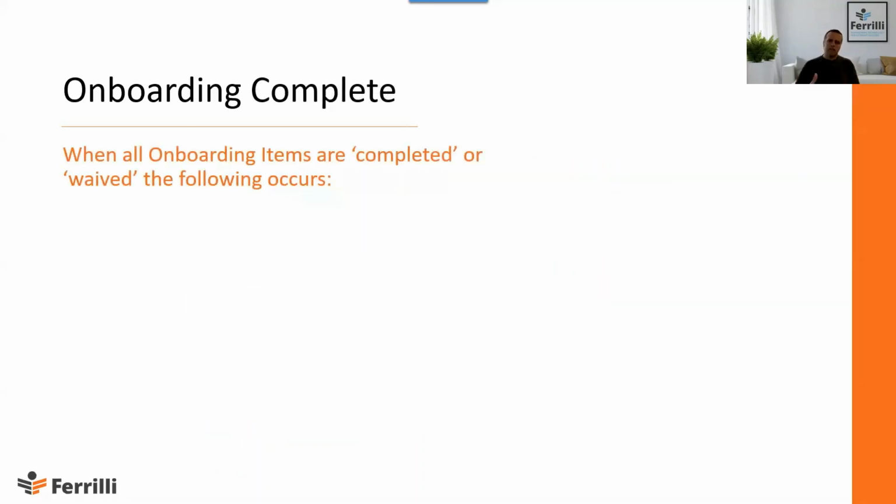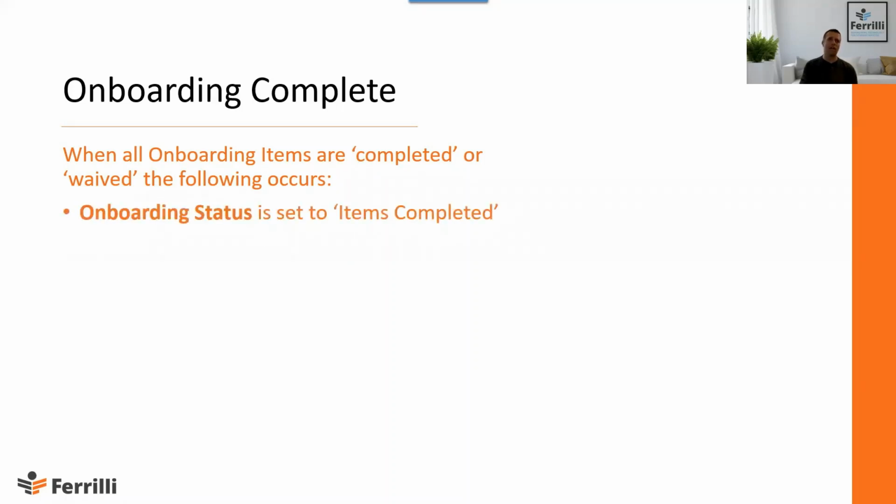Obviously, depending upon the school and what's a part of your onboarding process, you may only have a few onboarding items, or you may have a lot of them. No matter how big or small those lists are, as things come in and you check them off the list and mark them complete, eventually once they all become complete or waived, the following things are going to happen as a part of this onboarding process.